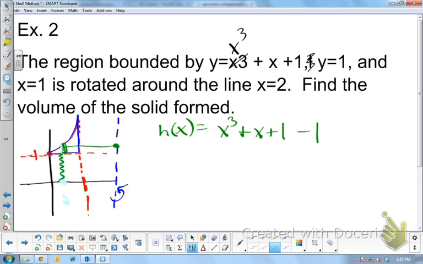So then we need our radius. Our radius is the distance from the axis of revolution to our partition. Again though, what's normally our radius? X. Normally it's x, but when we have x, x is the distance from the y-axis to our partition.